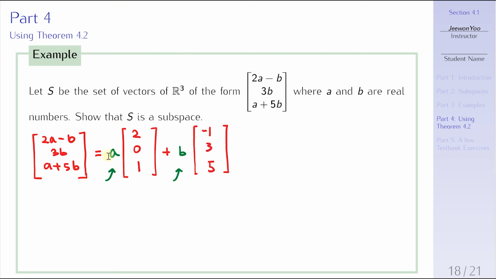Look at this, everyone. A and B are some scalars. They can be any real numbers. Do you know what this means? It means this is a linear combination of the vectors (2, 0, 1) and (-1, 3, 5). If it's written as a linear combination with any scalars A and B, then you can replace this with the word span, like this.